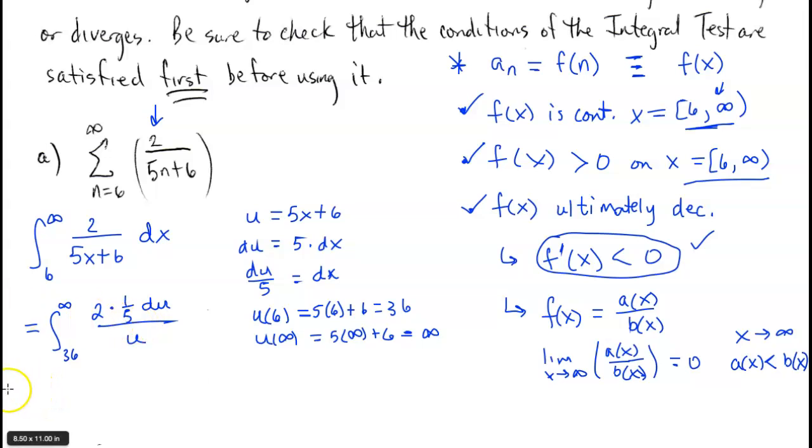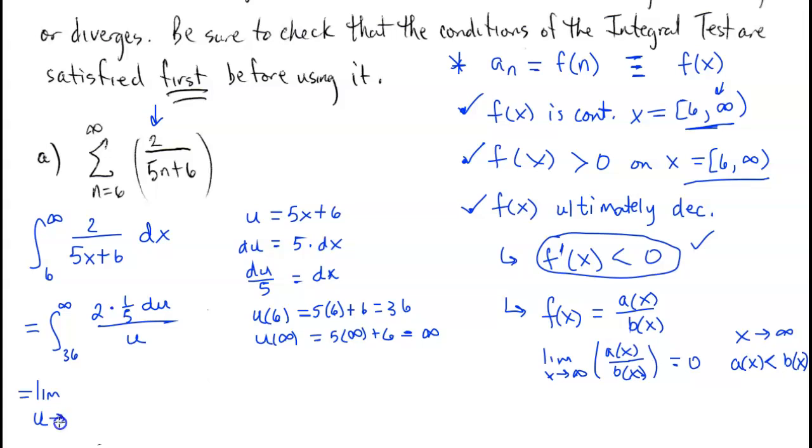And of course, the proper way to do this is that we're going to say the limit as b approaches infinity. And let me switch this up here. Not b, because our variable is in u.